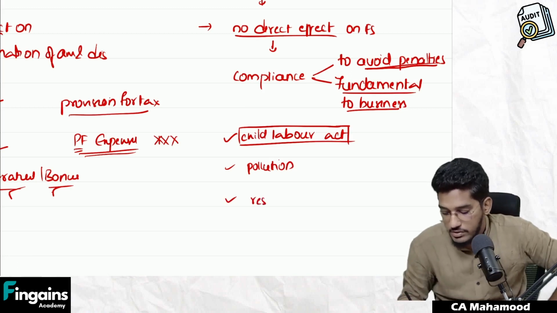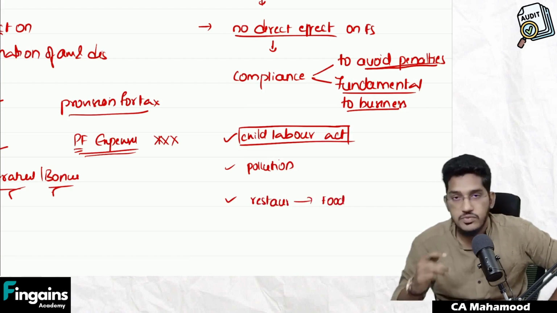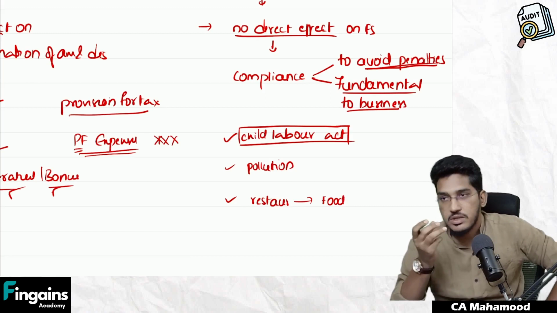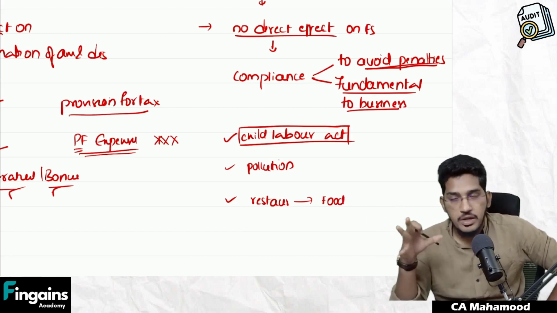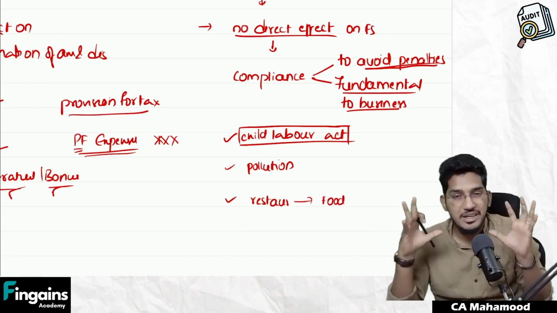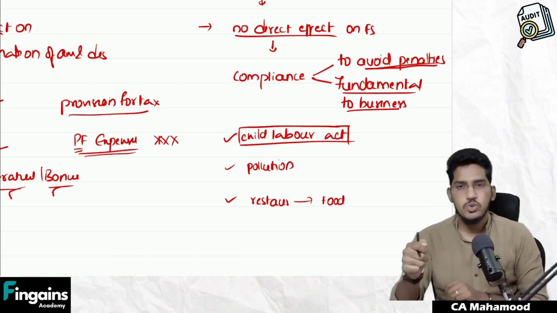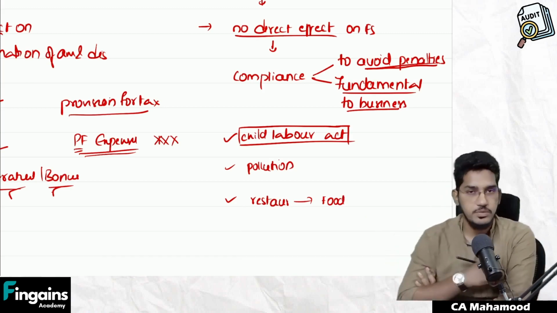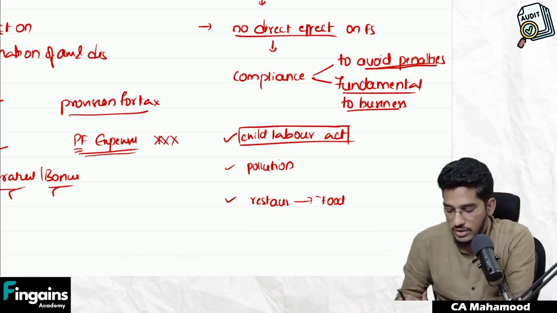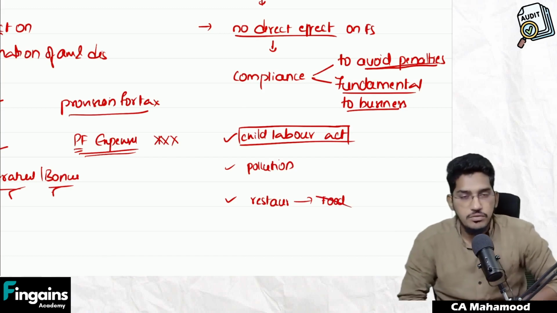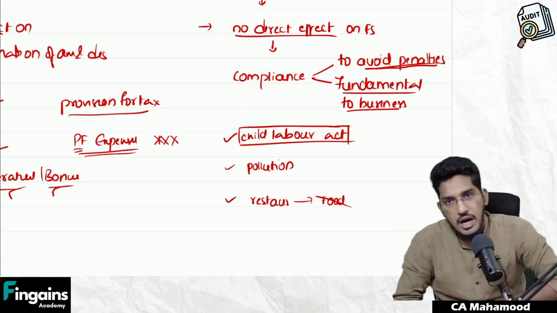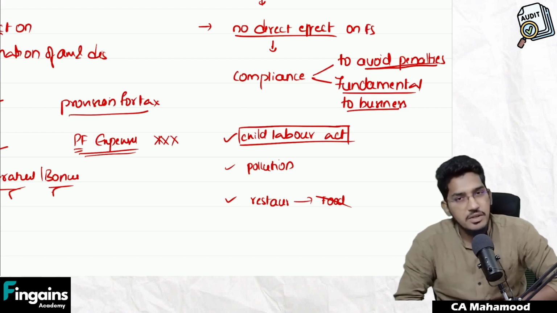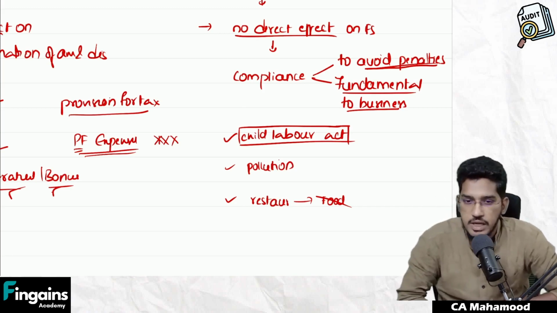If I am running a restaurant, food related laws and regulations will be there. They will have some rules like the kitchen should be air conditioned, and also the chef should maintain hygiene while cooking the food. If a restaurant does not comply with food related laws, first of all, do food related laws in a restaurant have any direct effect on determination of amounts and disclosures in the financial statements?